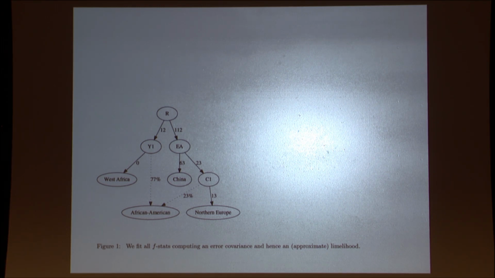So that makes it possible to compute an approximate likelihood. You take your data, you take this model, and you compute the empirical distribution of all your F statistics, and you have a model because you have the covariance of what that joint distribution ought to look like, and you get a test.